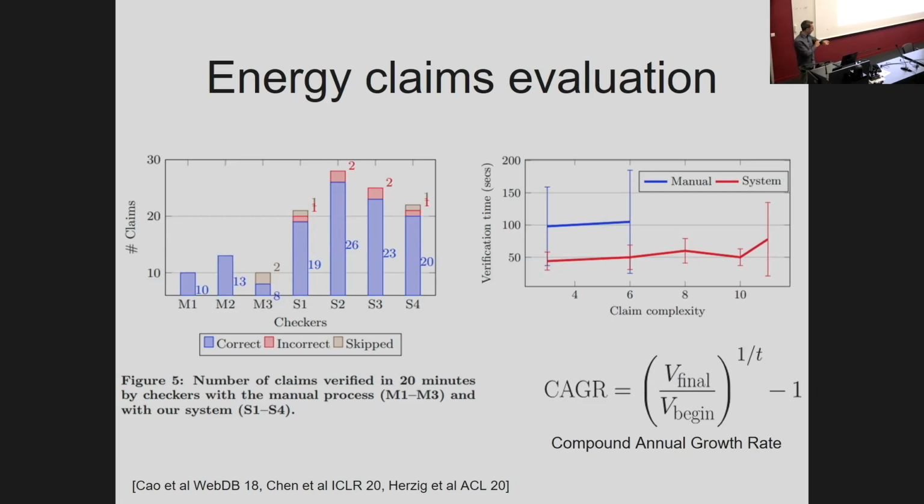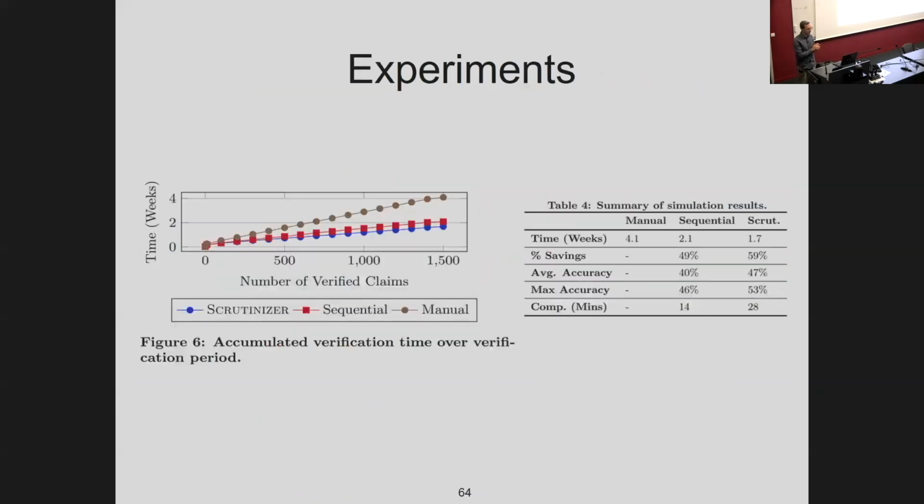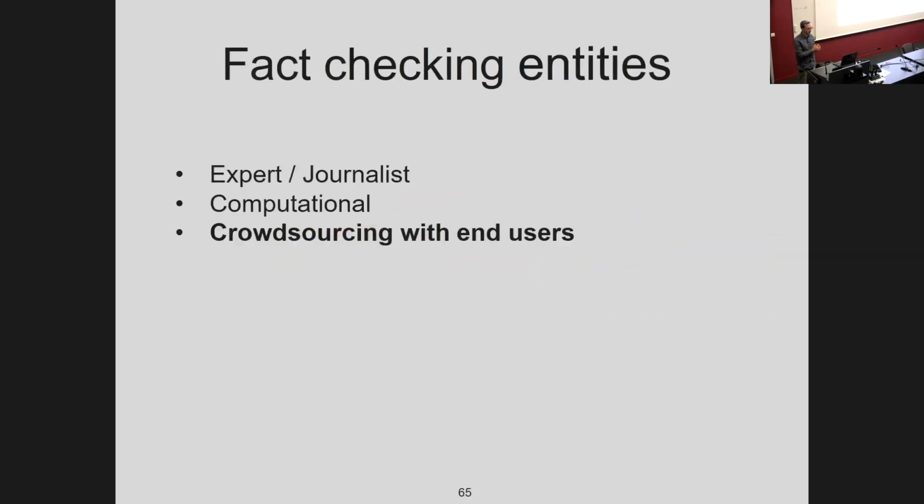Okay. I also have some results over the crowd, but I'm going to skip them in the interest of time. I've been touching on this problem of involving users, and I want to mention that many efforts have been made in order to say, you know what, we have access to people.